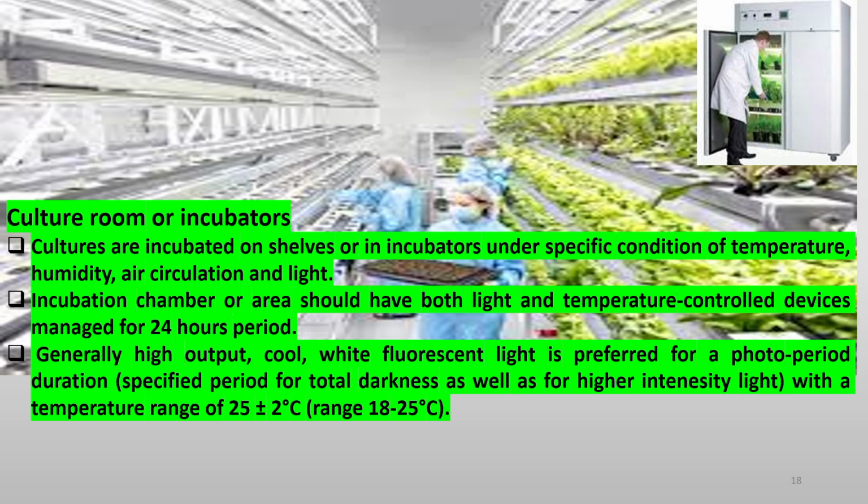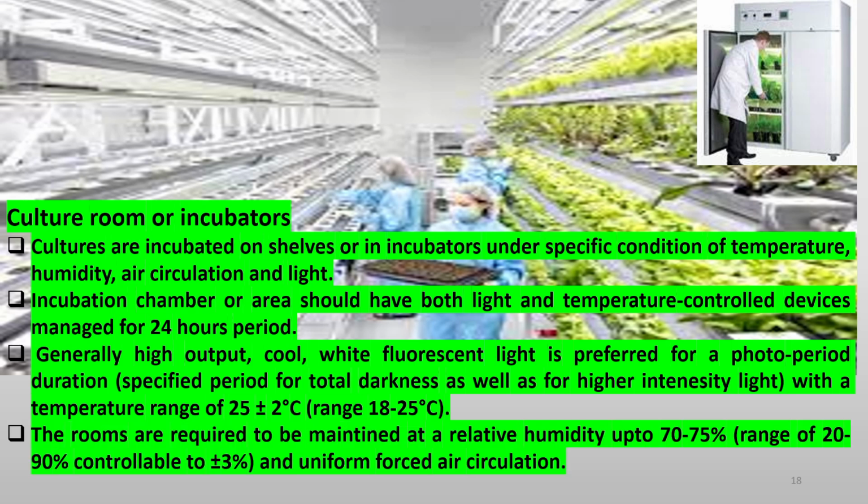Generally high output cool white fluorescent light is preferred for a photoperiod, with a specific period of total darkness as well as higher intensity light, with a temperature of 25 plus or minus 2 degrees centigrade, range 18 to 25 degrees centigrade.